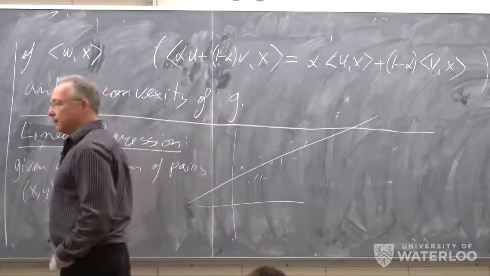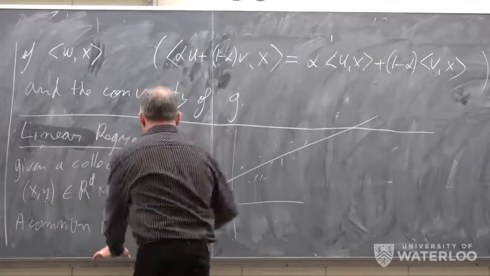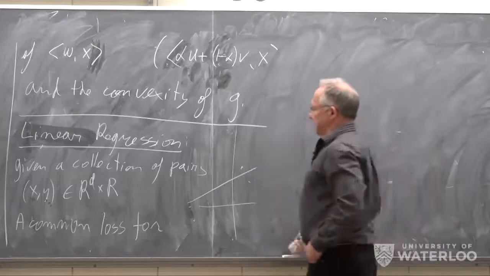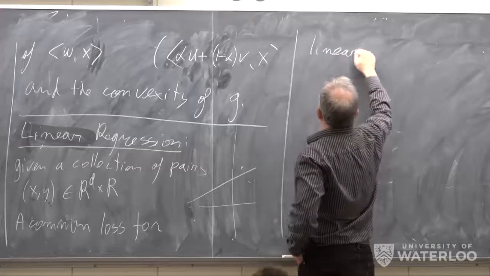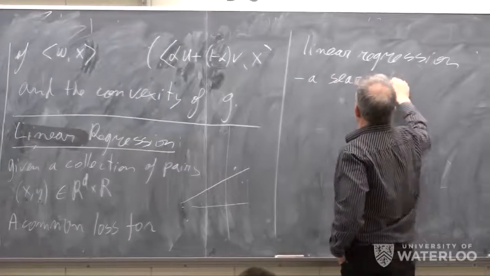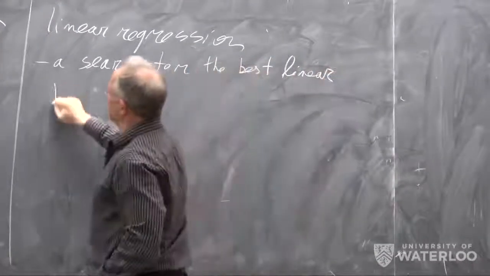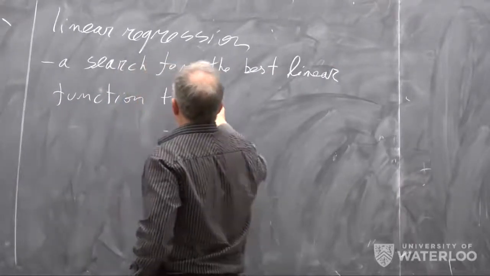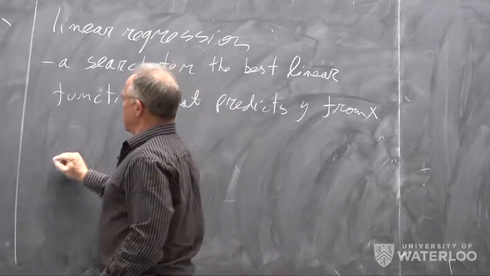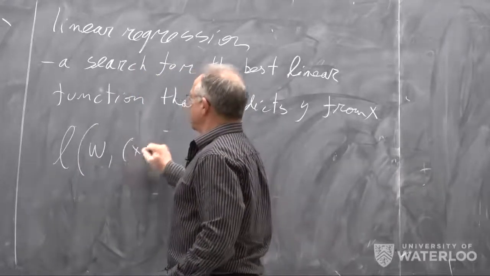So the loss, a common loss for linear prediction, for linear regression, which is a search for the best linear function that predicts y from x, is the squared loss, which is the loss if I have here a w that describes the weights of a linear function, and I have here a point x, y.